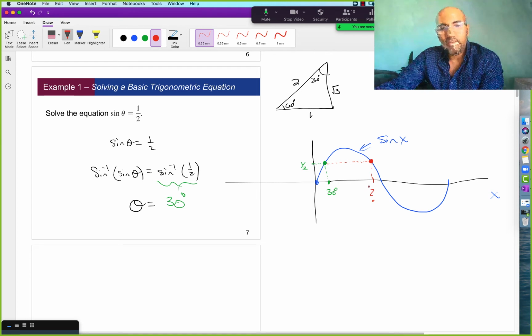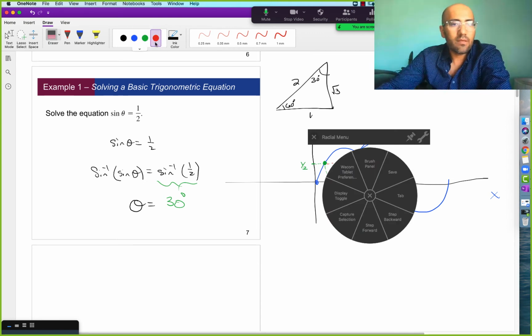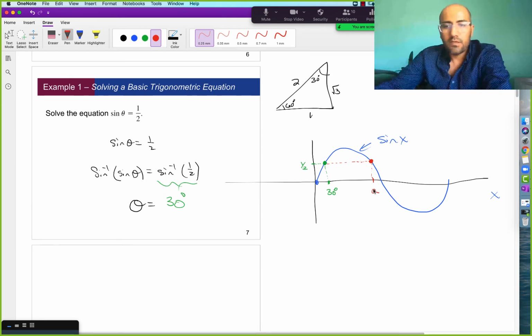There's some other angle over here, let's call it A, such that sine of A equals a half.